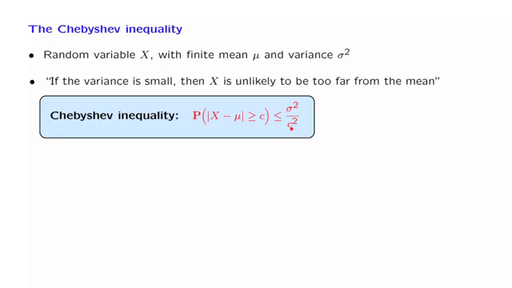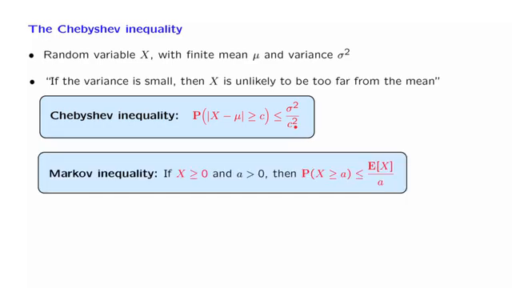To prove the Chebyshev inequality, we will apply the Markov inequality as follows. The probability of interest is the same as the probability that the square of this quantity is larger than or equal to the square of c.